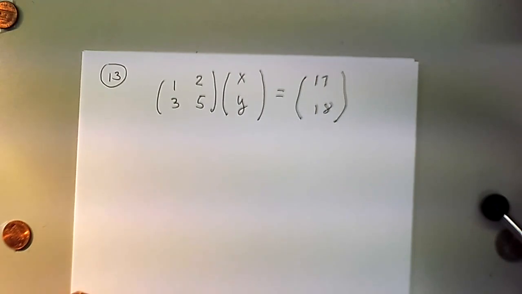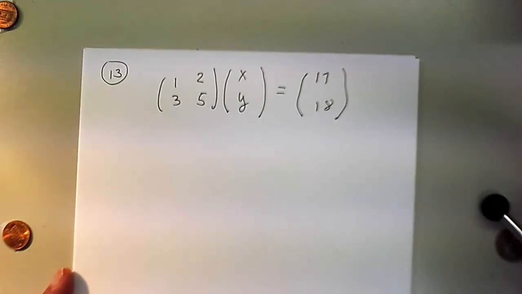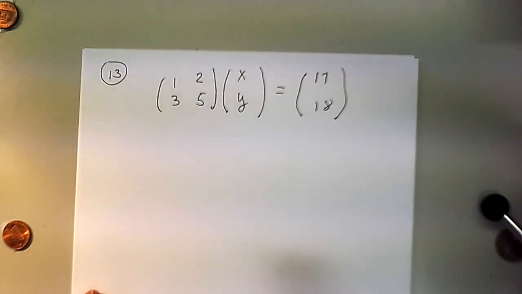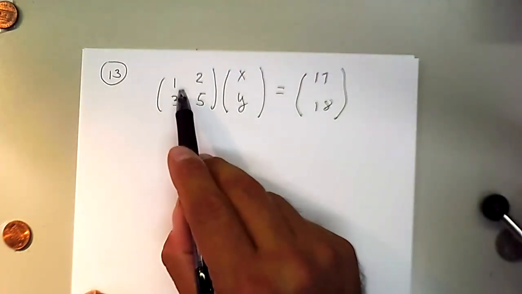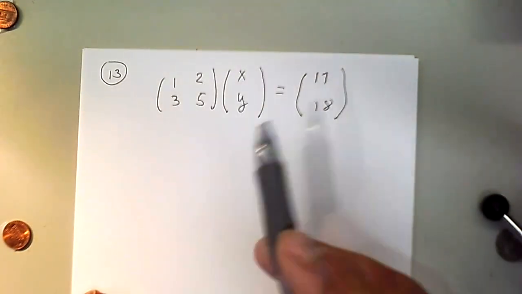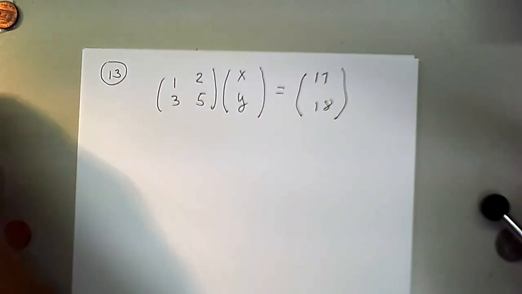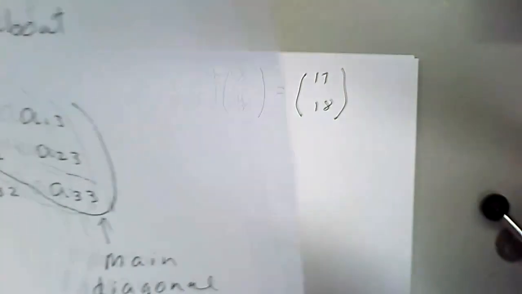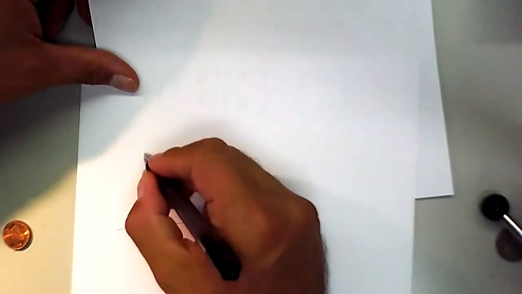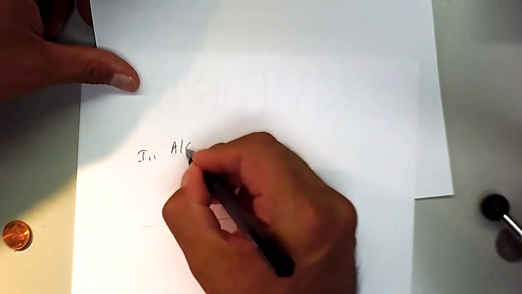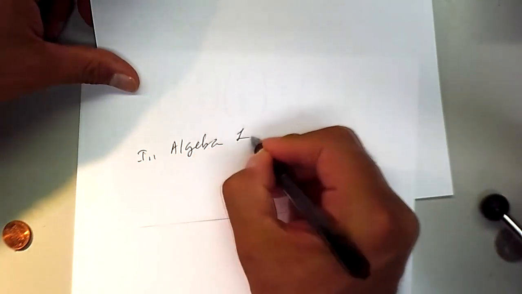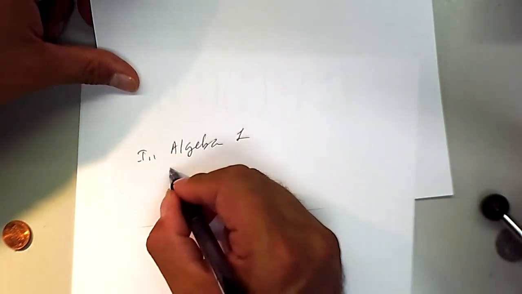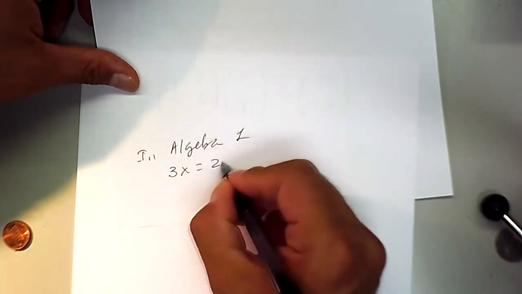You know, when we solved linear equations in algebra 1, we had a number times x equals another number. So just to give you an example, back in algebra 1, you had problems like 3x equals 24.